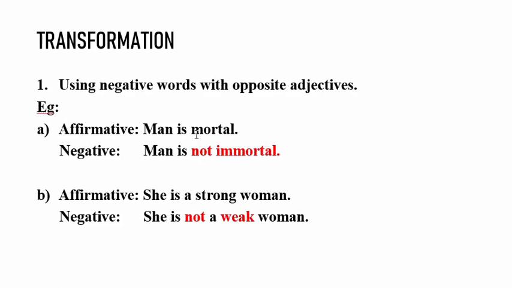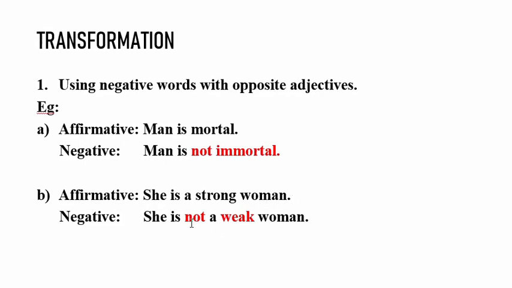That is, mortal changes to immortal, and along with immortal, another word that conveys a negative sense is used, which gives, while reading the complete sentence, a positive meaning to the sentence. That is, the meaning is not changed while the sentence is converted to a negative sentence. And in the same way, in the second example, the affirmative sentence is given, she is a strong woman. That means she is not a weak woman.